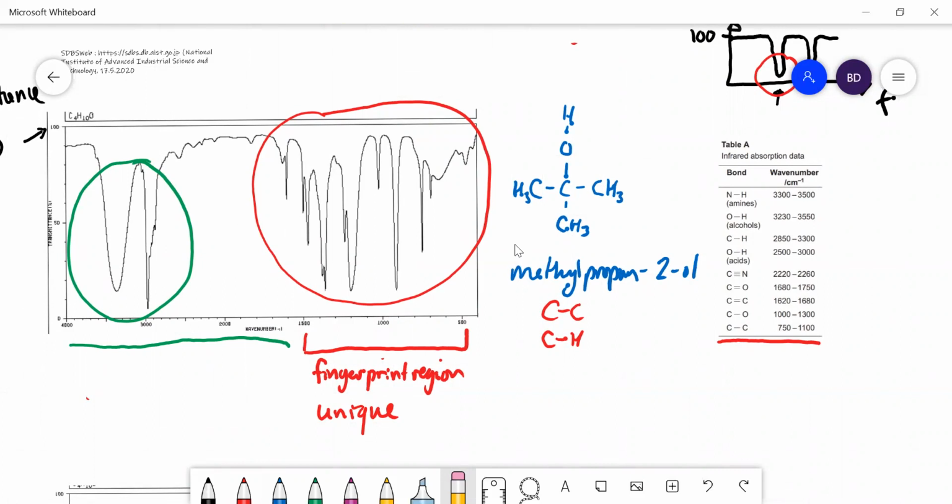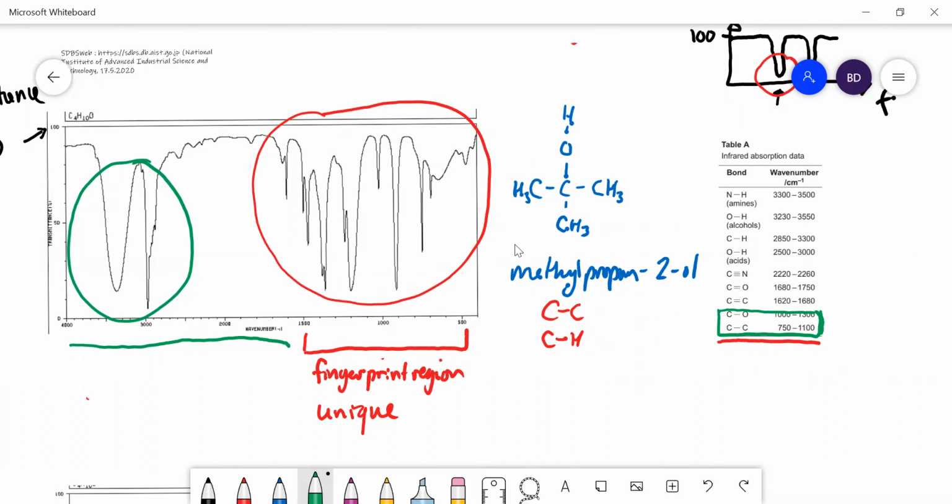So, for example, all of this lot down here, these two, the carbon-oxygen bond and the carbon-carbon bond: first of all, everything has a carbon-carbon bond, so it's not very useful. They're also in the fingerprint region, so it's difficult to interpret because you've got lots of random peaks and you can't really tell what's going on. So you can forget about them.